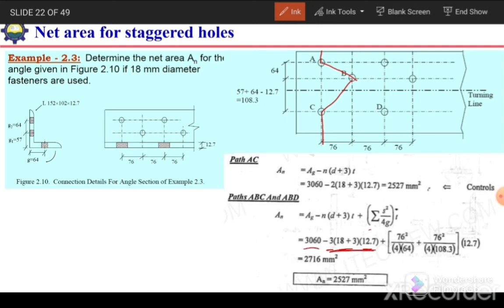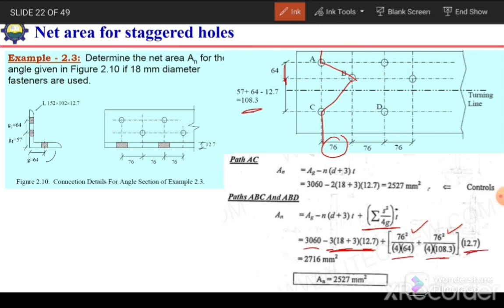Now we need to add for these staggers, s square over 4g. So for A and B we have a stagger value of 76, so 76 square, and the gauge value is 64, so 4 times 64. Then for B and C we have a stagger value of 76, so 76 square, and the gauge length is 108.3, so 4 times 108.3.